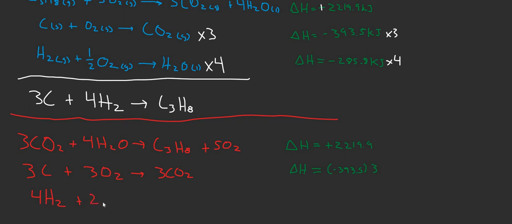So we have 2O2 going to 4 waters. And we'll also multiply this delta H, which was negative 285.8, and we'll multiply that by 4.